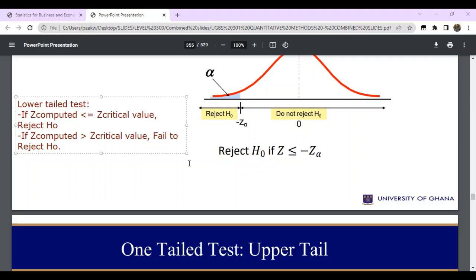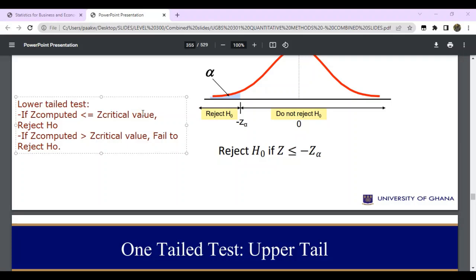With the critical value approach, you compare the Z computed and the Z critical. But with the p-value approach, as the name implies, you compare probabilities. You find the probability of the Z computed and compare it with the probability of the critical value, which is given in the question as the level of significance.